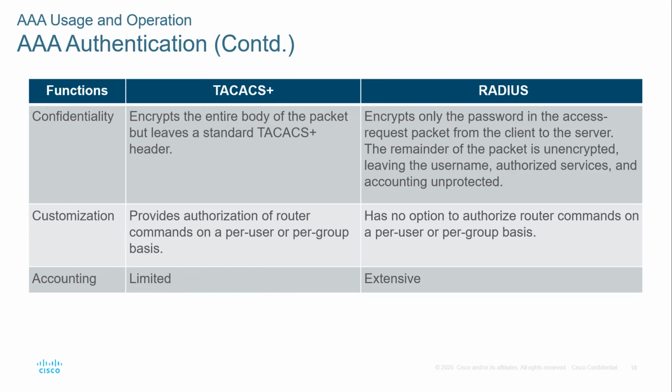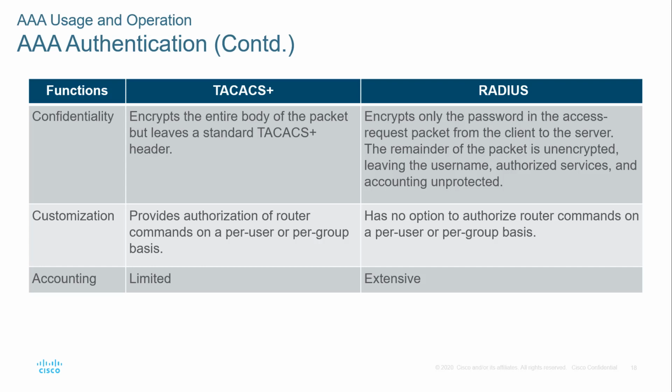For confidentiality, TACACS encrypts the entire body of the packet, but it leaves the header. With RADIUS, it only encrypts the password in the access requests from the client to the server. The remaining packet is unencrypted. Things like username, authorization services, and accountability are unprotected. So that's a negative for RADIUS.